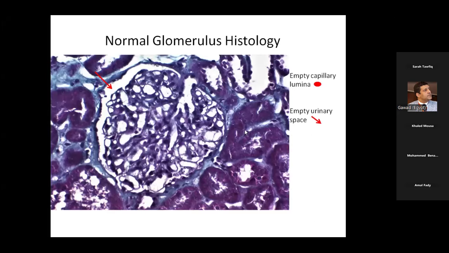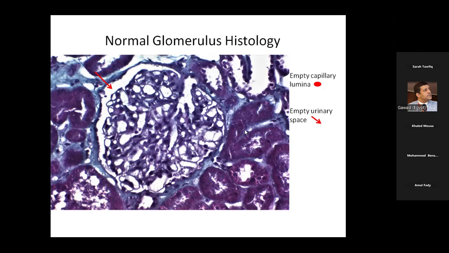First, the normal glomerulus histology. As we mentioned, this is a colored picture, so it is a light microscopic picture with a Masson trichrome stain. It's not our scope for today to talk about different stains.